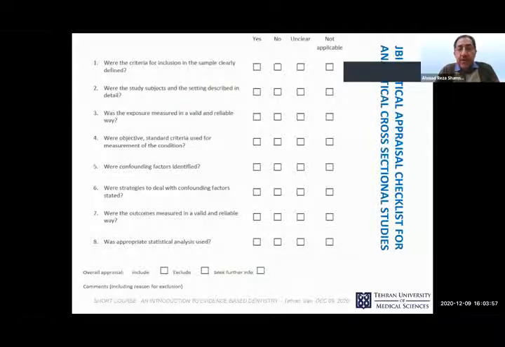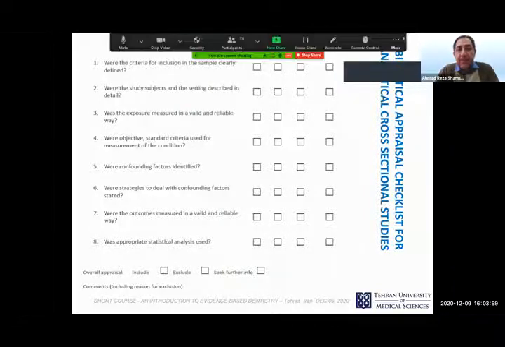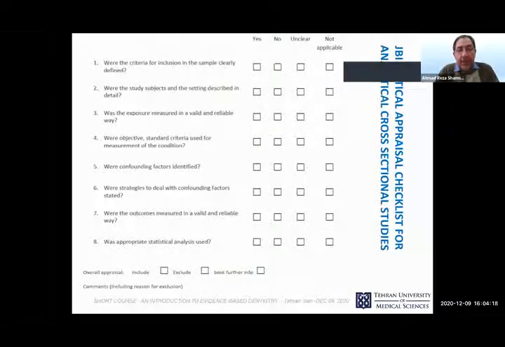For each item, we have 4 options: yes, no, unclear, and not applicable. So you can quantify the scale of validation for each study.